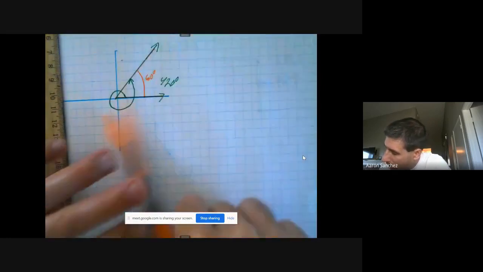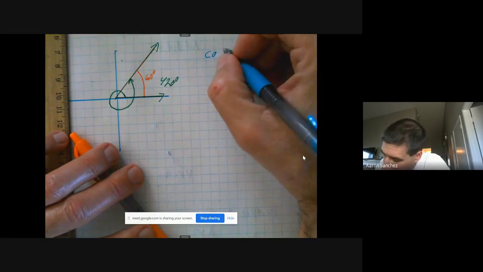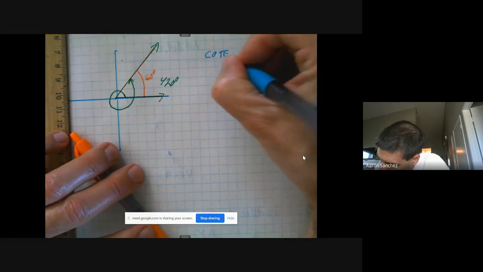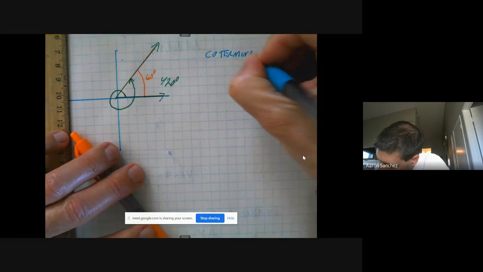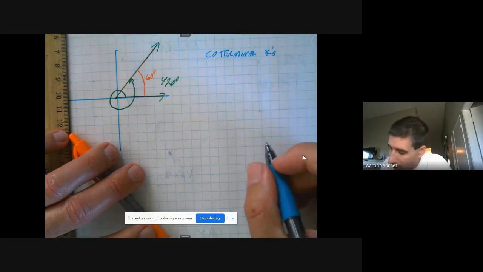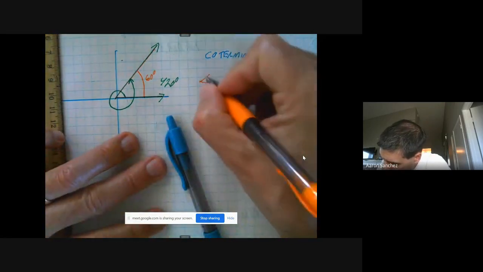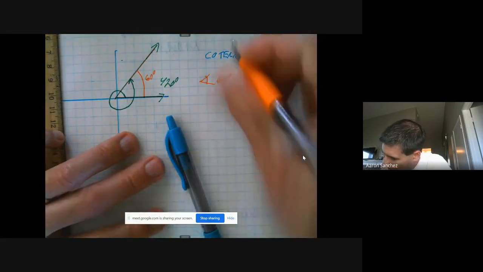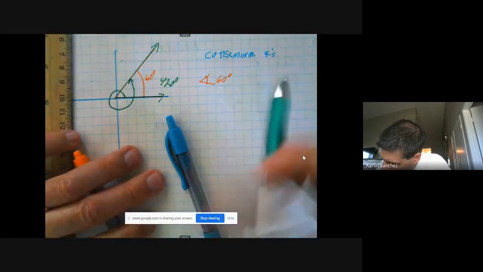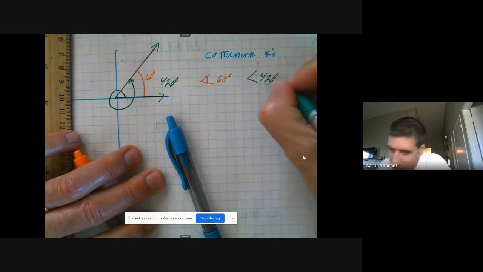Those are called, so you need to know this name, coterminal angles. This little angle sign, coterminal angles. So I have the orange angle, which is 60 degrees. And then I have the green angle, which is 420 degrees.